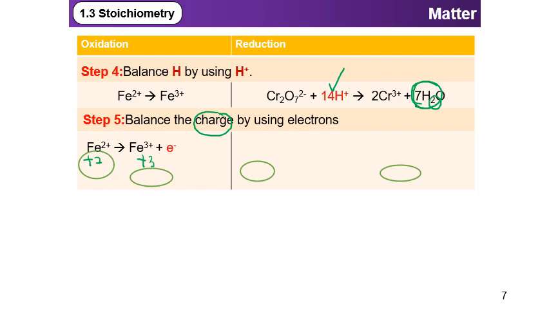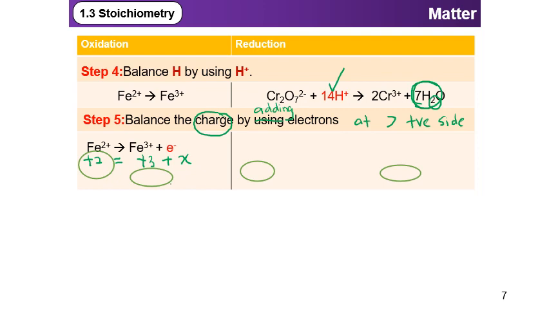In this case, the left-hand side is positive 2 and the right-hand side is positive 3, which is not balanced. We balance the charge by adding electrons to the more positive side. So I will put the electron on the right-hand side, because positive 3 is more positive than positive 2.